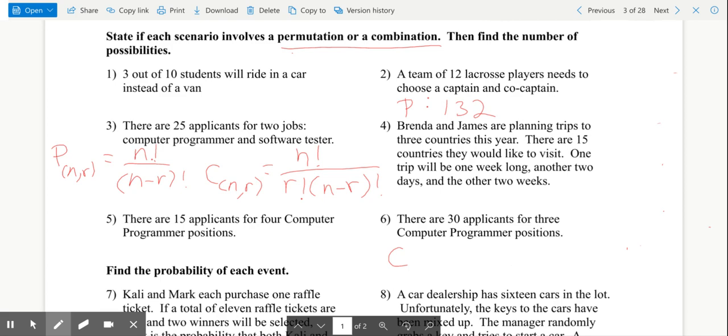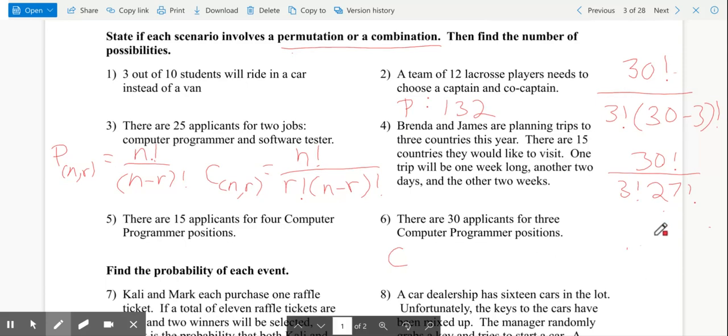N is 30, so we have 30 factorial over R factorial, so 3 factorial, times 30 minus 3 factorial. So that's 30 factorial over 3 factorial, 27 factorial.